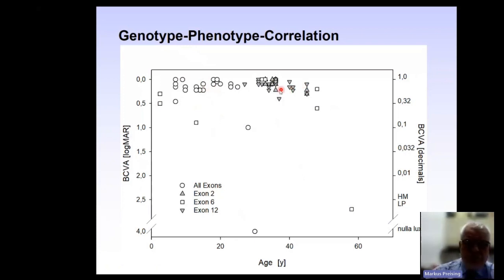If you look at patients with mutations in exon 2 or patients with mutations in exon 6, you see that they have better visual acuity over the ages, but this is not a general situation, and it's just here in this small set of samples where we could try the correlation.